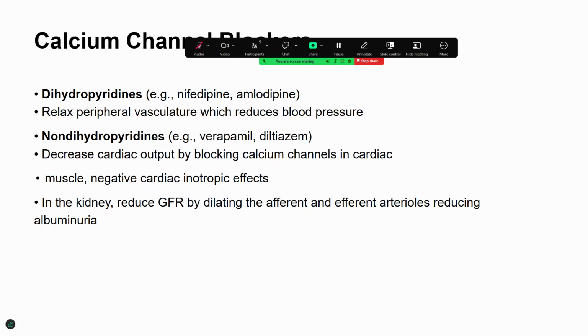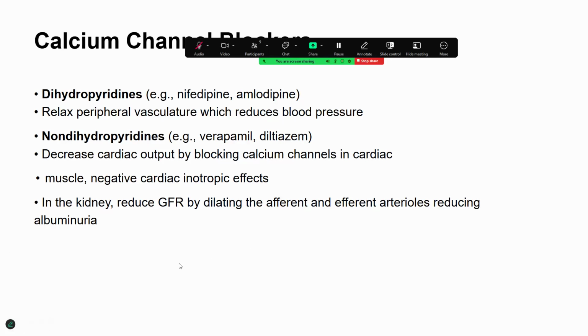Also a question from the boards for NP was that it can mask hypoglycemia in those with diabetes mellitus. I wouldn't be surprised if that was a question, since they specifically mention it in their review course for beta blockers.